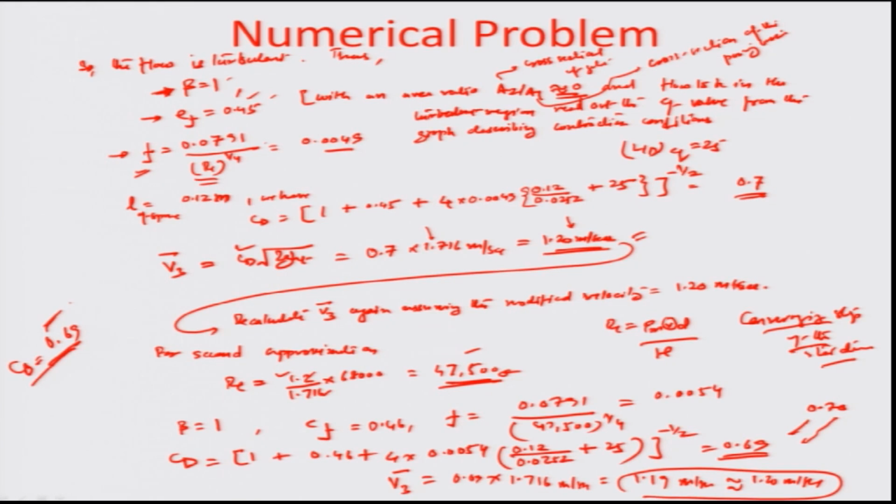Now, let us estimate, because of all these changes, what the time of filling of the mold is going to be. The time taken to fill up the mold, Tf, equals the volume of the mold divided by the gate area times the velocity. This is how the volume flow rate would be. You know that there is an area of cross section Ag, and through that there is a velocity of the flow emerging, which is V3.